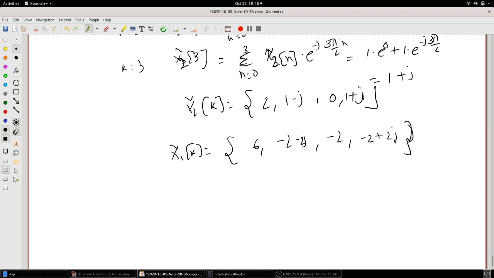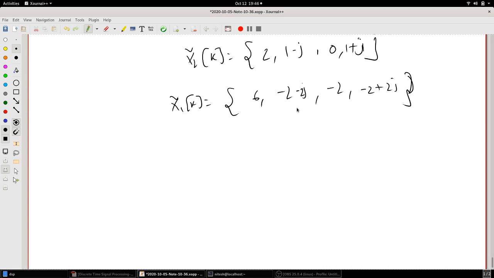So this is what you have. So now if I multiply the 2 here, what I will get here is 6. You can write this as 6 comma minus 2 into 1 plus j comma minus 2 comma minus 2 into 1 minus j. So this is what you have.